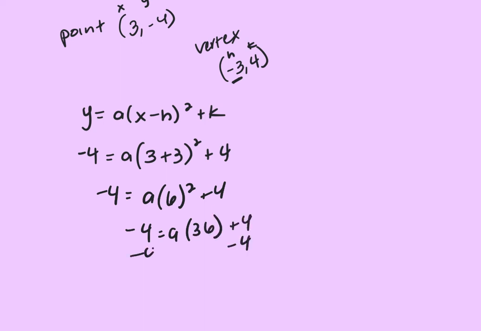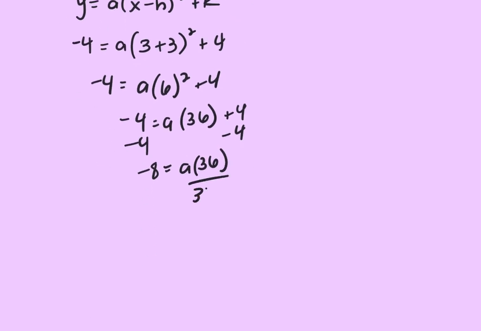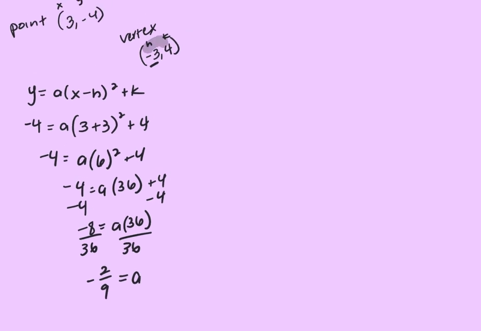Subtract that 4. Divide by 36. 4 goes into both those, right? -2/9. So that's your a, and then you plug back in the a, the h and the k. y equals -2/9 (x plus 3) squared plus 4.